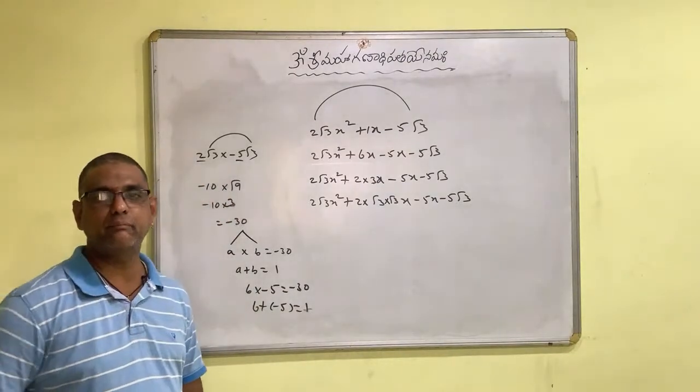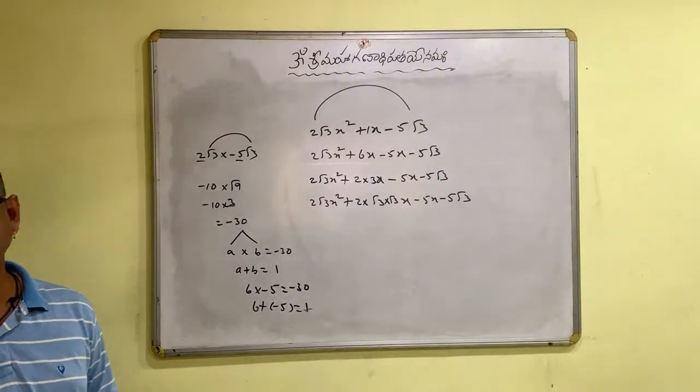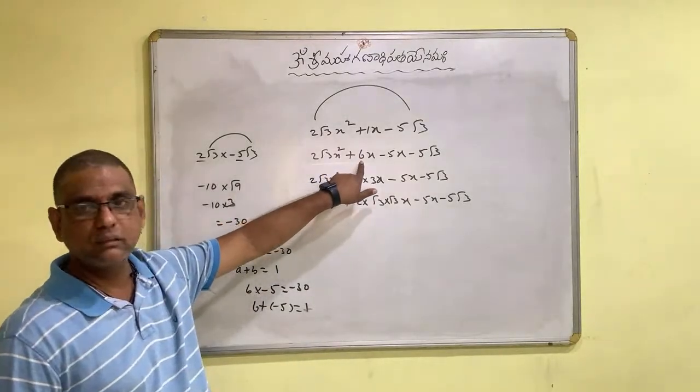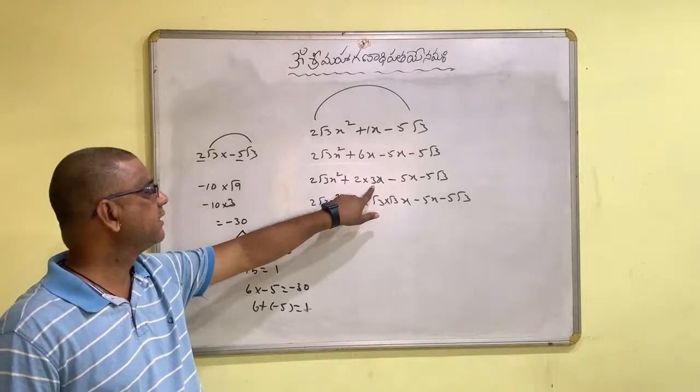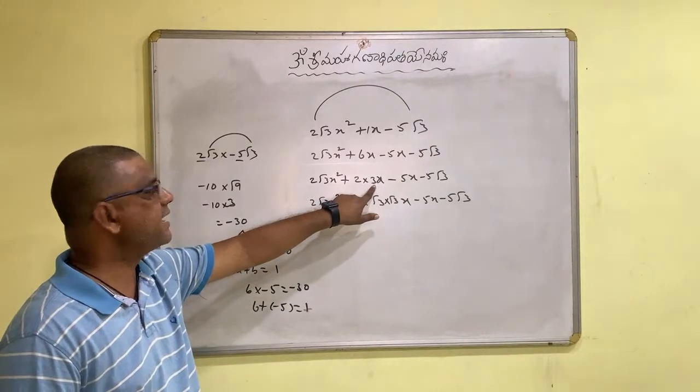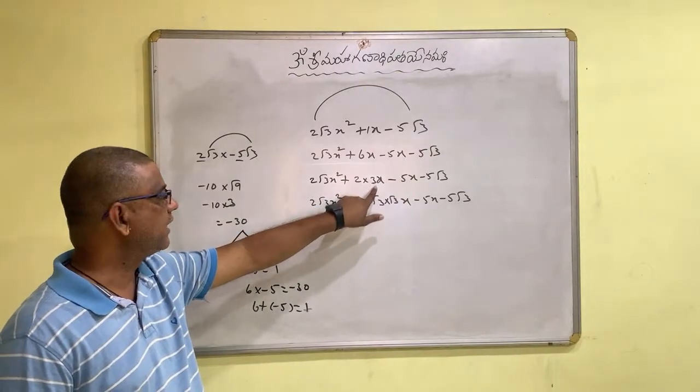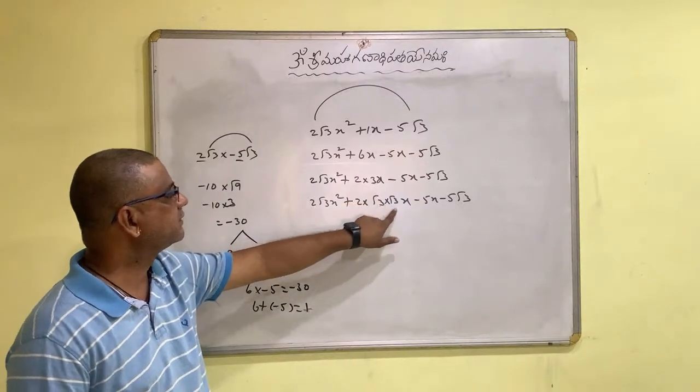See, further I am dividing. 6 I wrote as 2 into 3, and this 3 I wrote as root 3 into root 3.